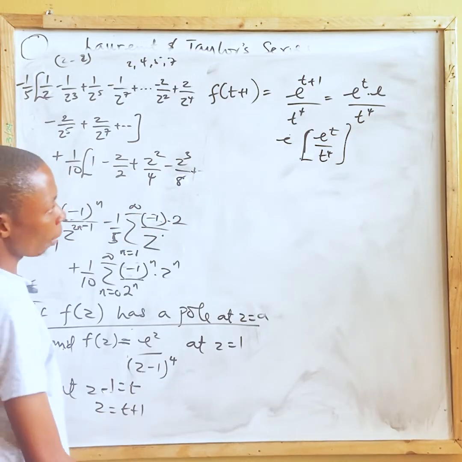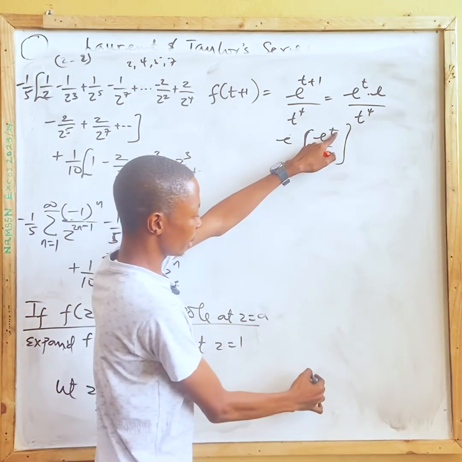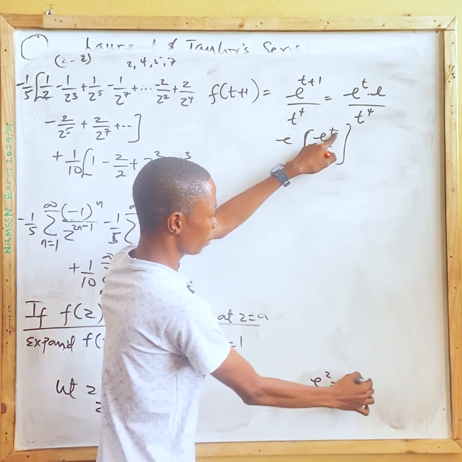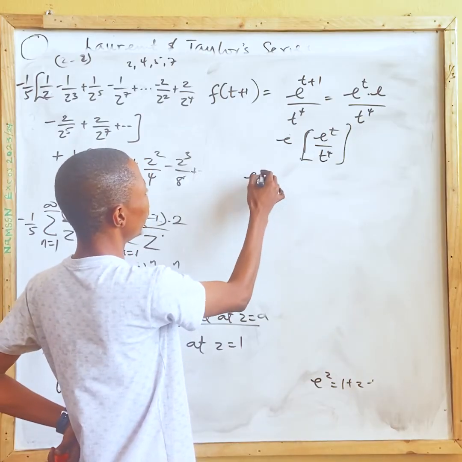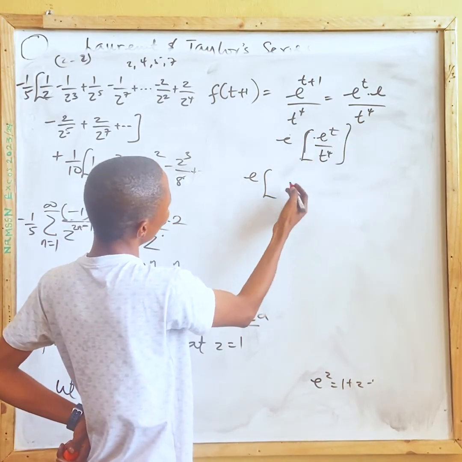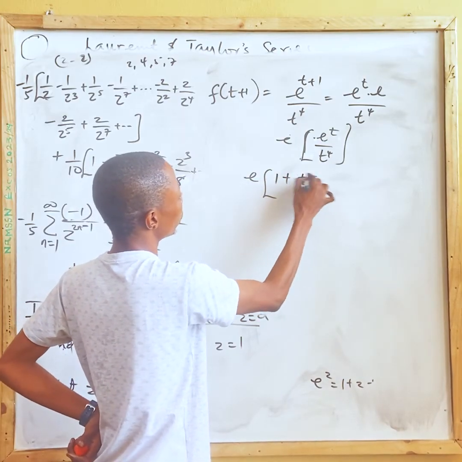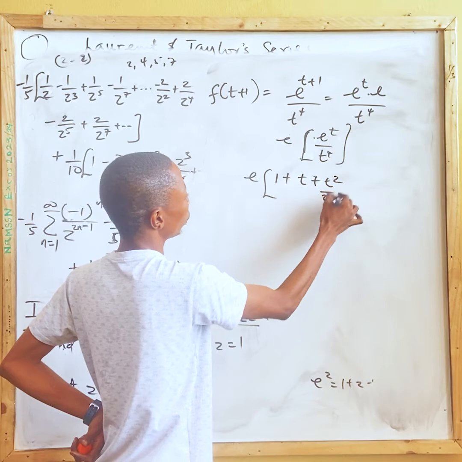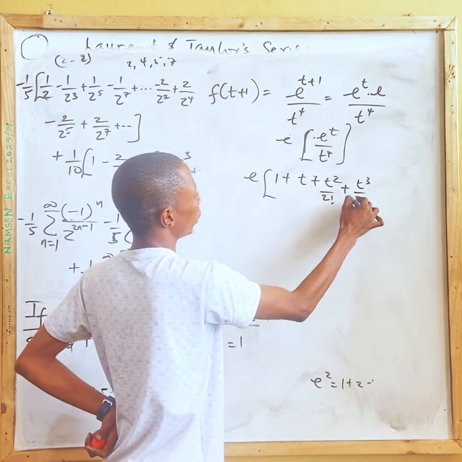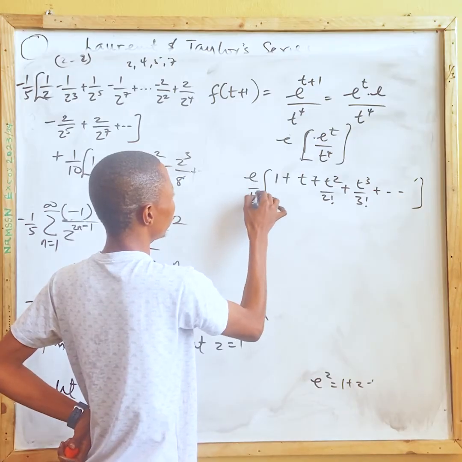From our special series, we know the series of the exponential: e raised to power z equals 1 plus z plus z squared over 2 factorial, and so on. So this will just be e times, just expand this: 1 plus t plus t squared divided by 2 factorial plus t cubed divided by 3 factorial, and so on, dividing by t raised to power 4.